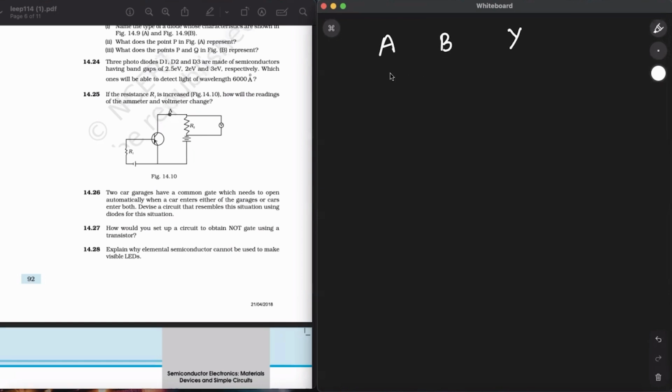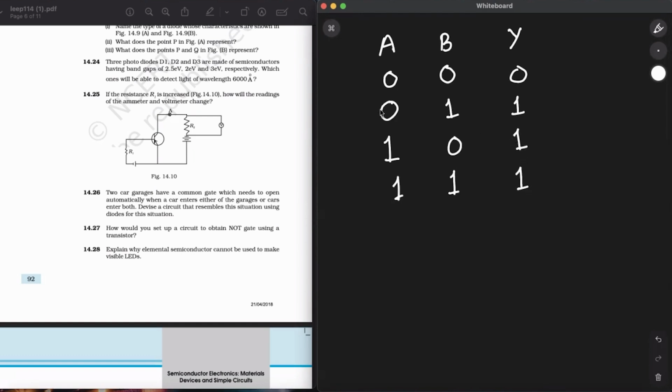So when a car enters neither A nor B, the gate remains closed. When a car does not enter A but enters B, the gate opens. When the car enters A but does not enter B, then also the gate will open. And similarly, when the car enters A as well as B, then the gate will open.